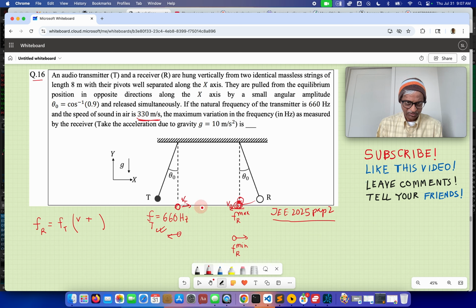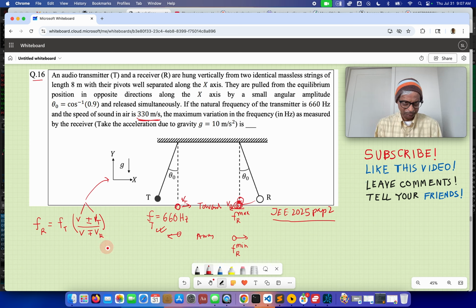This is towards each other, and this is away from each other. V plus or minus V of the transmitter, so these speeds are with respect to this frame, divided by V minus or plus V receiver.